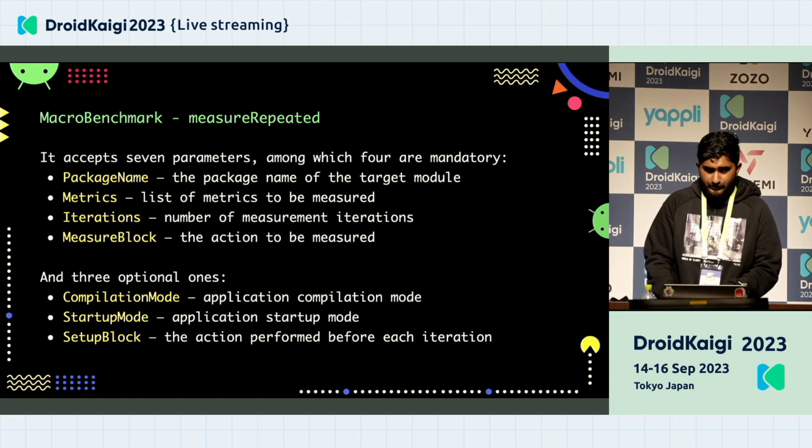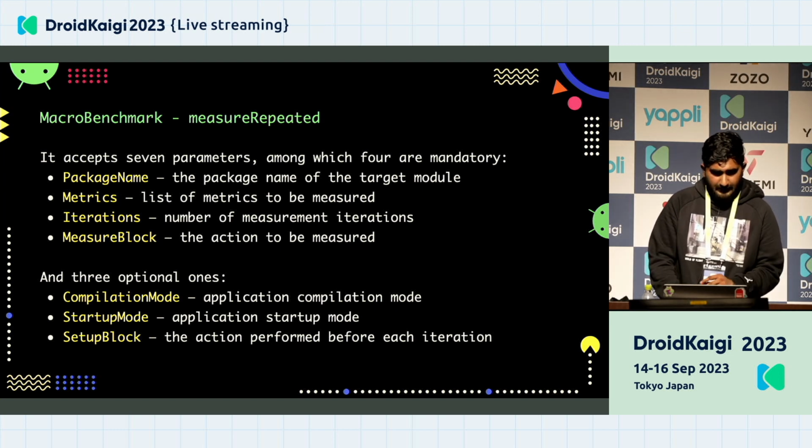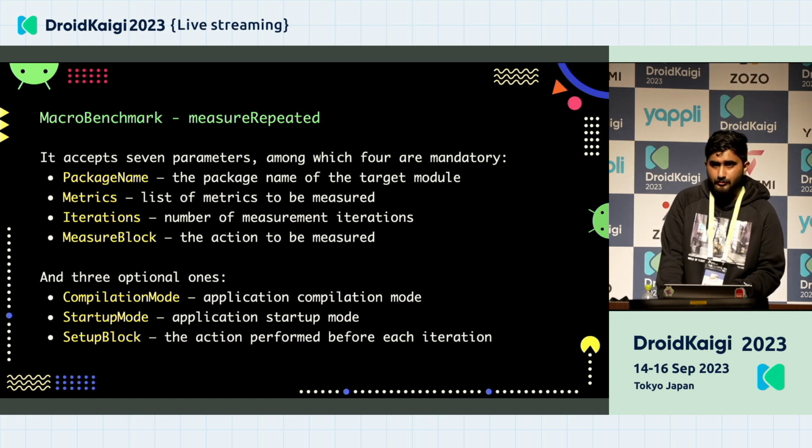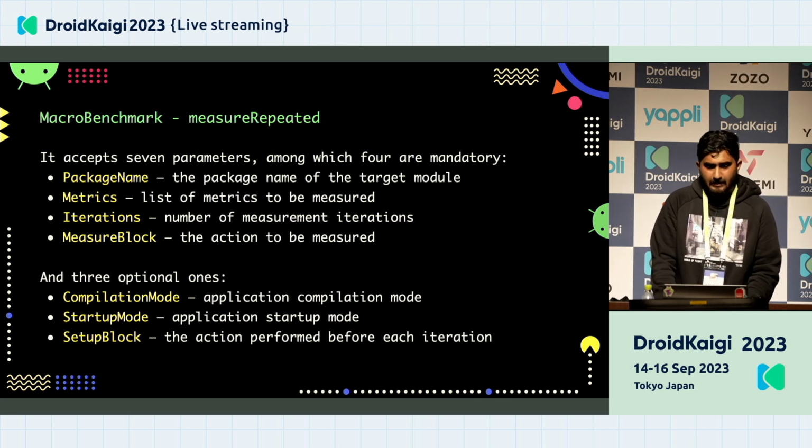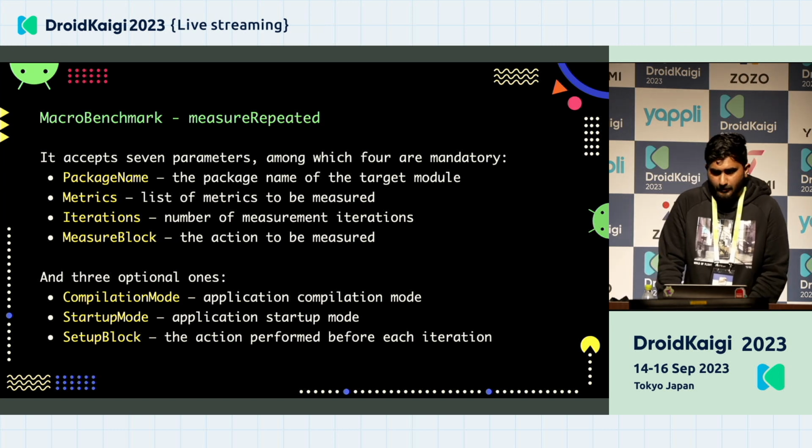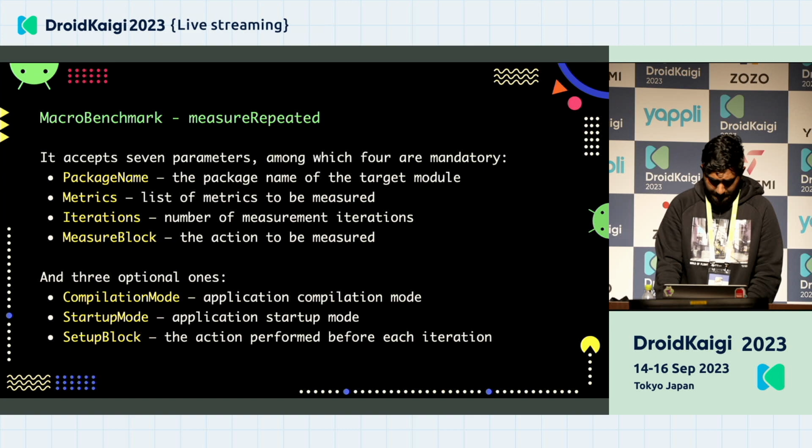The different compilation modes are partial, full, none, and you can even ignore the compilation mode. Next, we have the startup mode, which shows the application startup mode, which I'll cover in the next slide. And then we have the setup block, the action performed before each iteration.